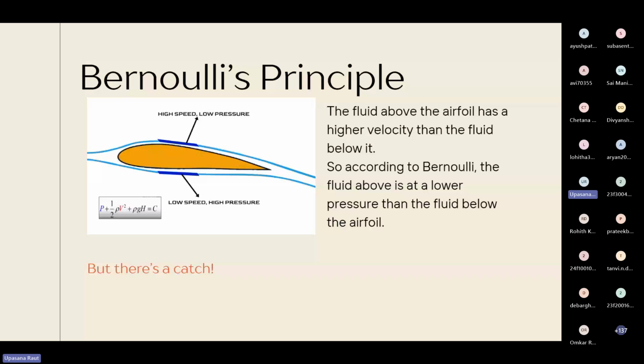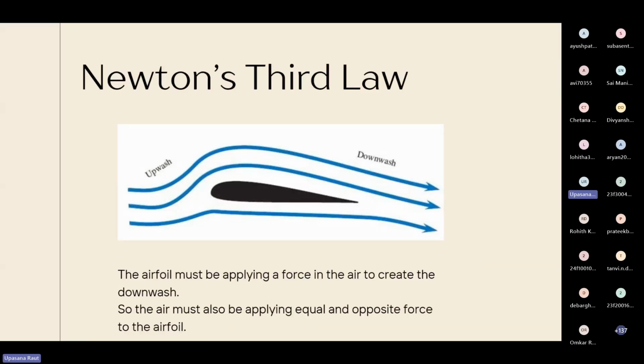So we'll be moving on to another explanation, which can be given as Newton's third law. When an airfoil passes through the air, it curves the air around it. That curve creates a downward flow of air.